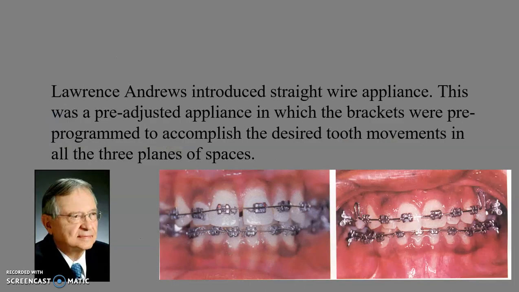And this is Lawrence Andrews. He was the person who introduced the straight wire appliance. This is also called the pre-adjusted edgewise appliance, where the brackets are pre-programmed to accomplish the desired tooth movements in all three planes of space.